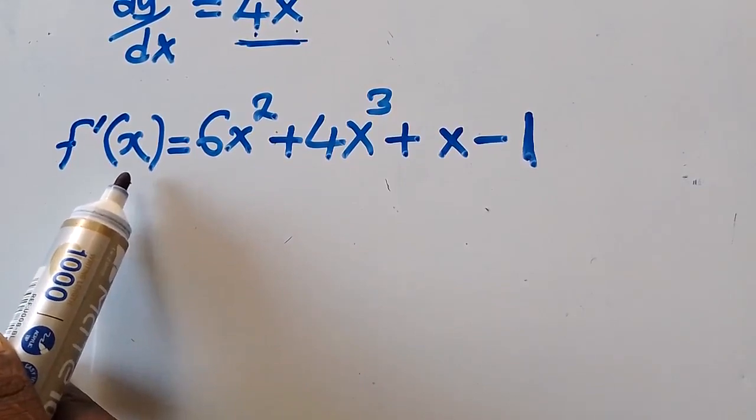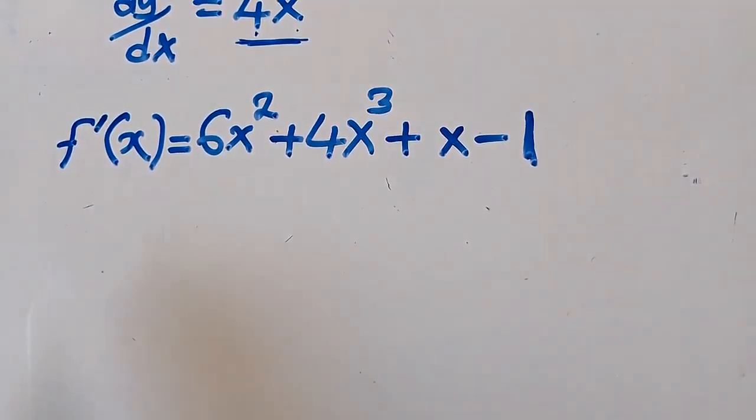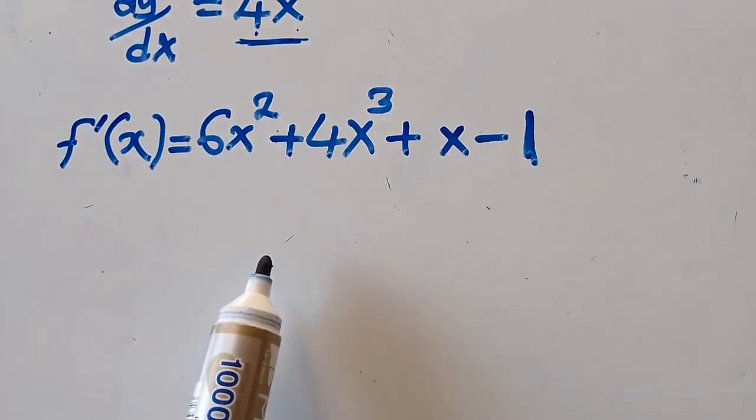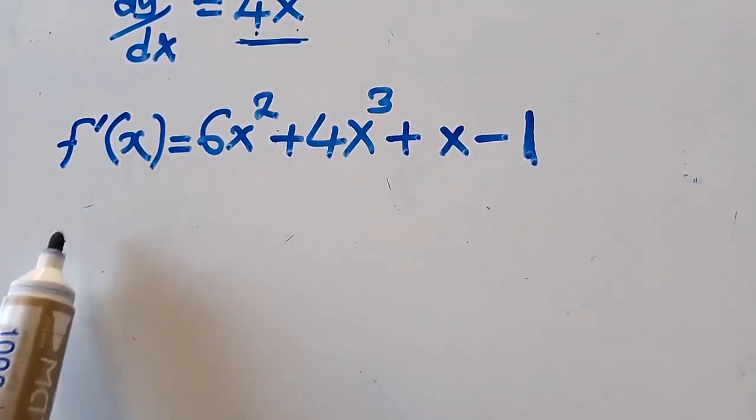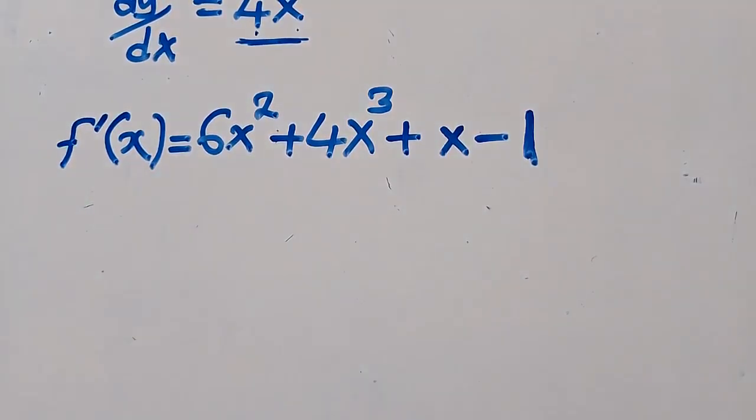Which means that when you differentiate, you form something like this. Where there is f prime, it is just the same as dy dx, one and the same thing.